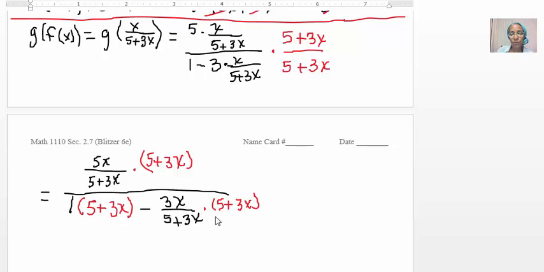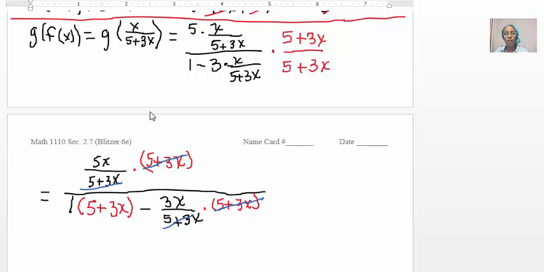So I just wanted to make sure that at least for this second composition, g of f of x, you see this step. I didn't show this step in the first calculation that I did when I calculated f of g of x.